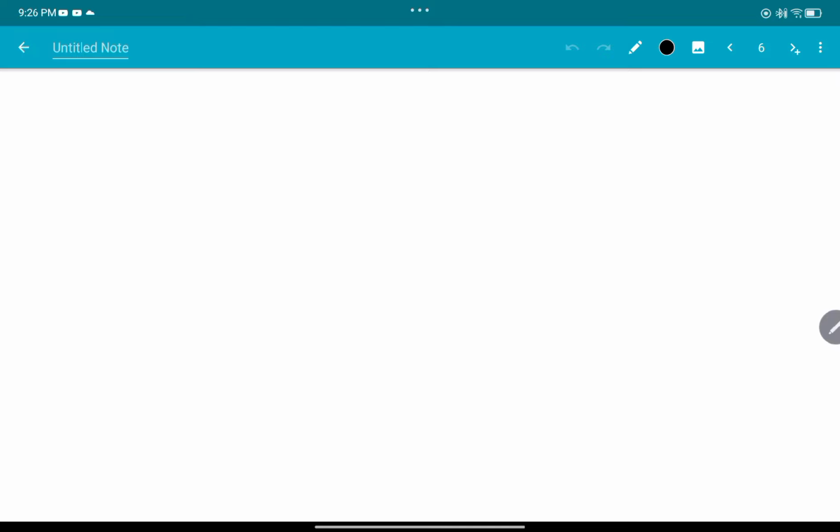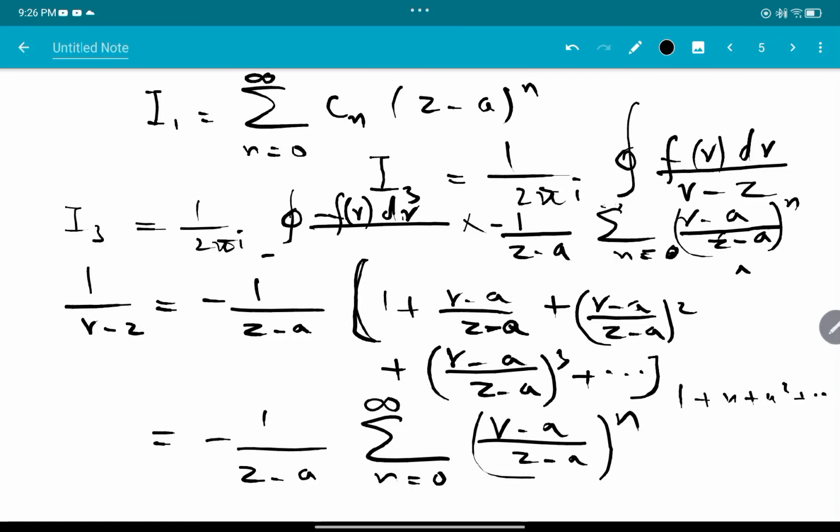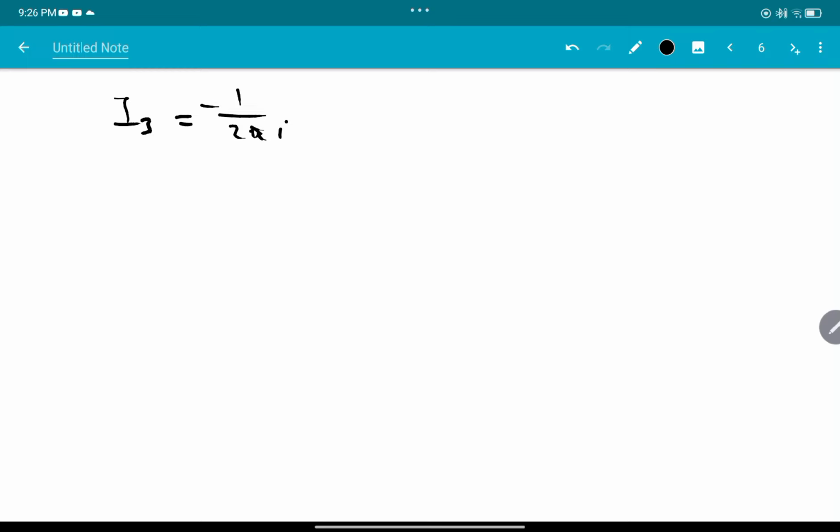I3 equal to 1 by 2 pi I. I can take this minus out, since I have a minus in one of the factors. That is better: minus 1 by 2 pi I, then the integral of f gamma d gamma, then Z minus A raised to n plus 1.